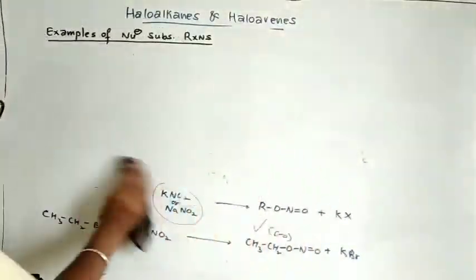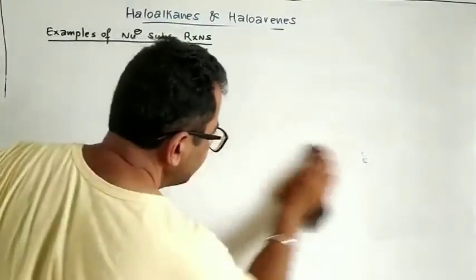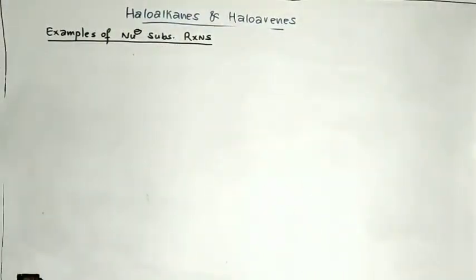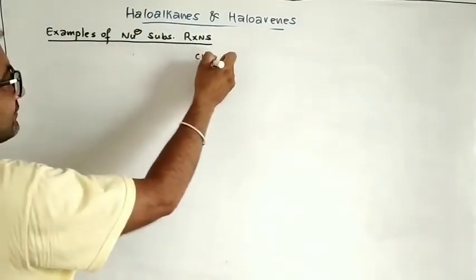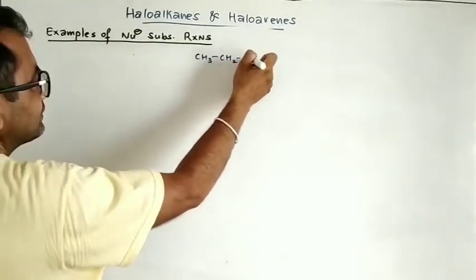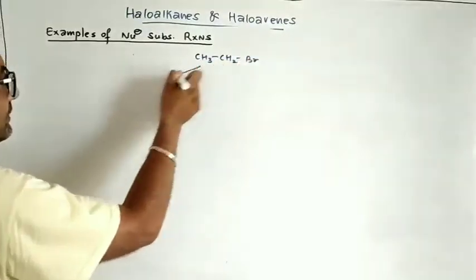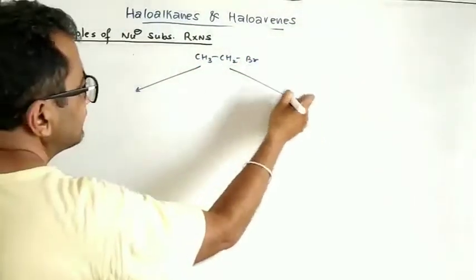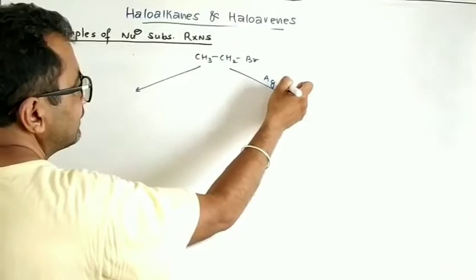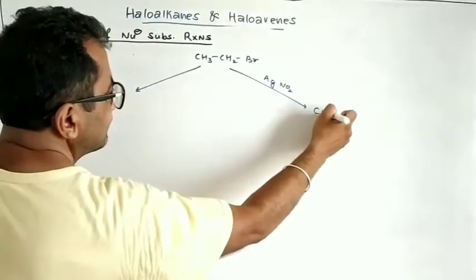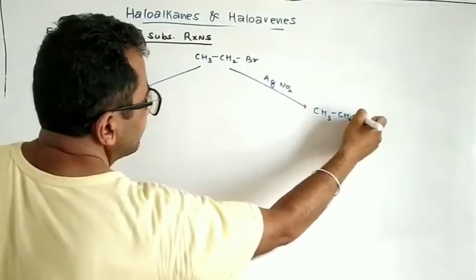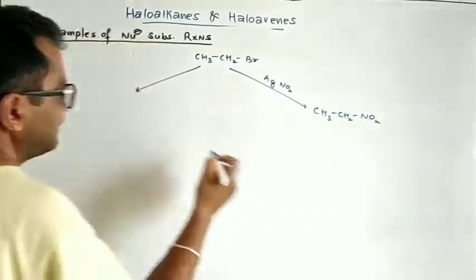So again I will be writing the reactions in a summary form. Next, suppose we have CH3CH2Br. When you add AgNO2, you will get this.